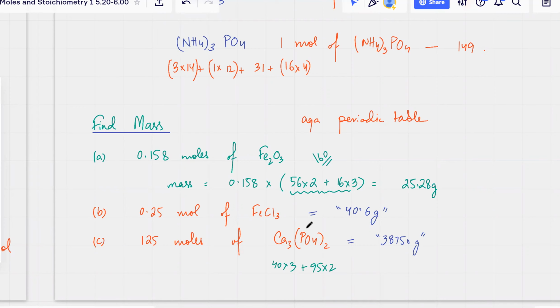Okay, so you've got 31 plus 16 times 4, that's 64, plus 31, that's 95. And that's twice, so that's 95 times 2. So इस सारे को you multiplied it by 125. The molar mass ends up being 310. 310, ठीक है, 310 perfect है. So it's going to be 310.